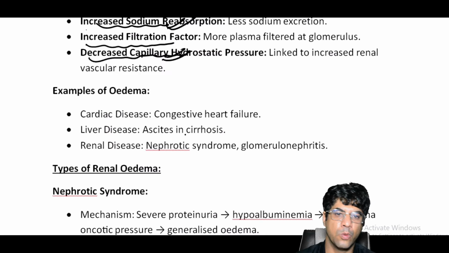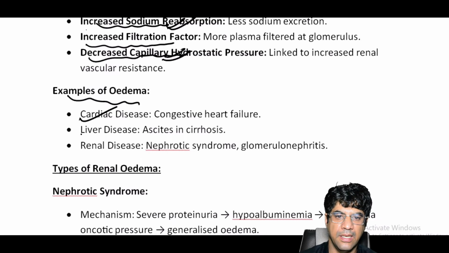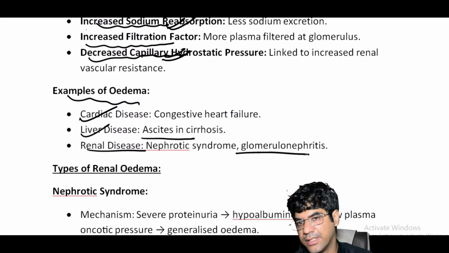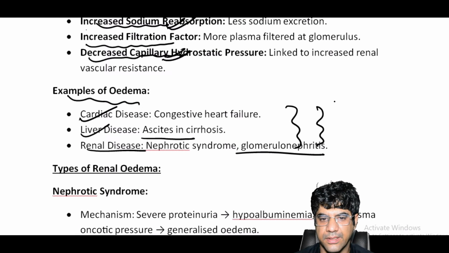Examples of edema could be cardiac disease, liver disease like ascites, and renal disease like glomerulonephritis, etc. So these are the various diseases.